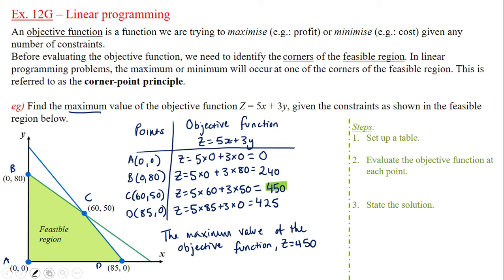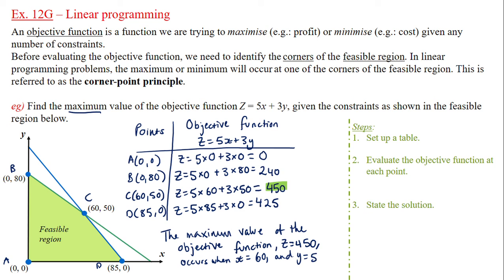We identify it from the table, literally the biggest number in our solutions. It occurs when x equals 60, and y equals 50. And that's it.